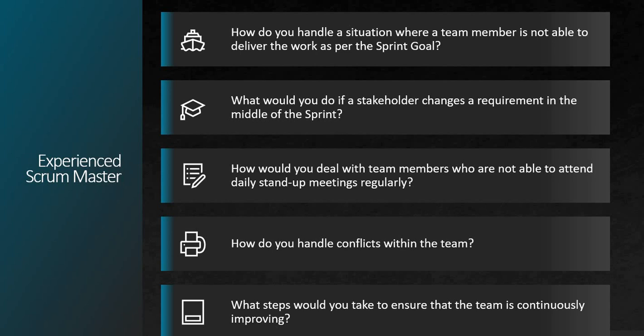Additionally, I would monitor the team performance metrics and use them to identify areas of improvement. Continuous improvement is a core principle of Scrum, and it's important to create a culture of continuous learning and development within the team.